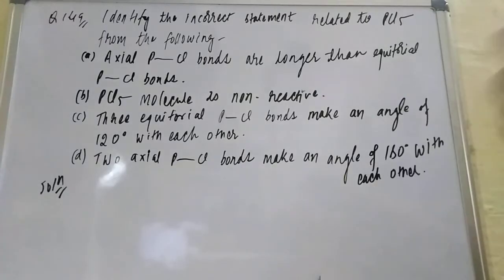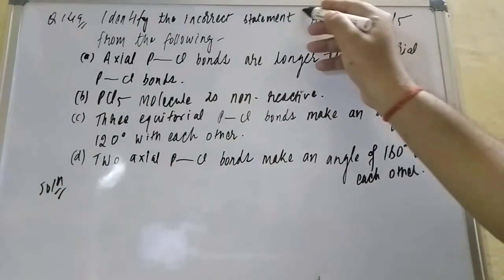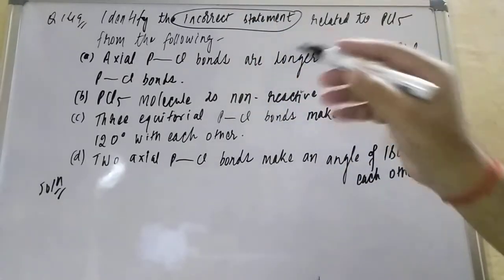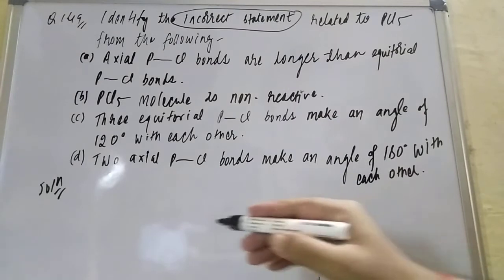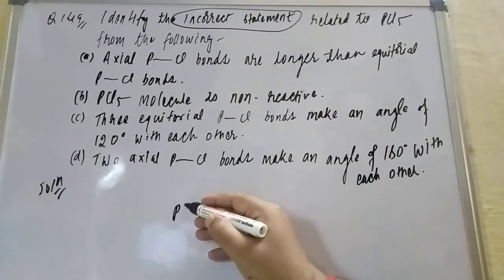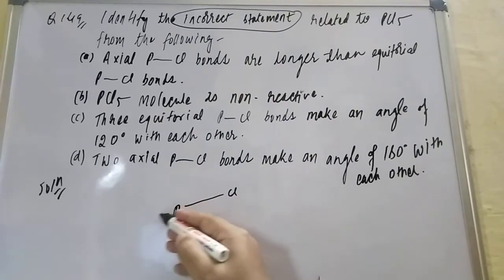And now problem number 149. Identify the incorrect statement. Keep in mind, student, what we have to identify: the incorrect statement related to PCl5 from the following data. Now the structure, you know, student, here is the P, here is Cl, downside Cl, this is also Cl.